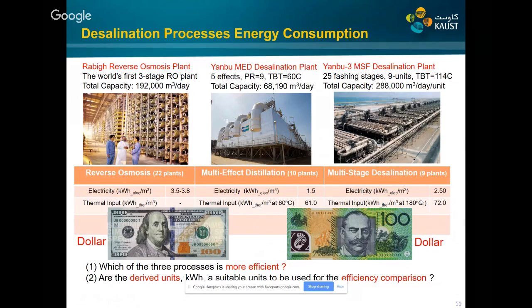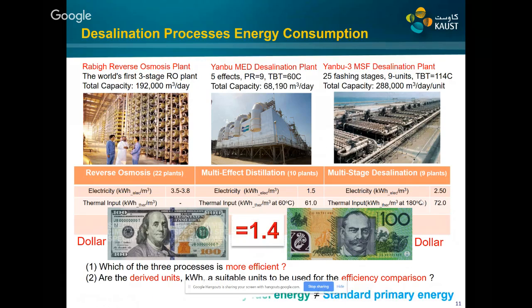But before making this kind of comparison, dollar with dollar, we have to be careful that these dollars have different values. The US dollar is not the same as the Australian dollar. So in other words, electricity is not the same as thermal energy. From here, we cannot simply say that the RO process is efficient just on the basis of the numbers.